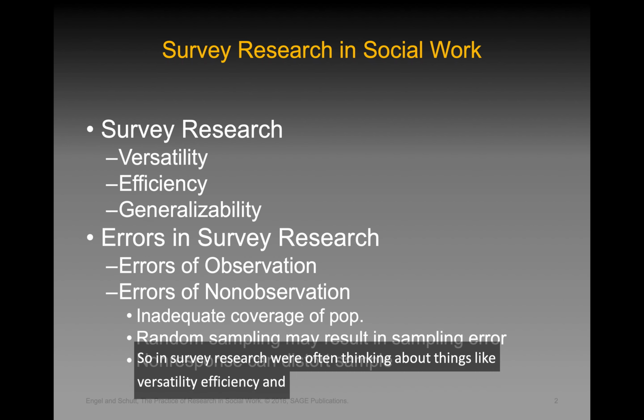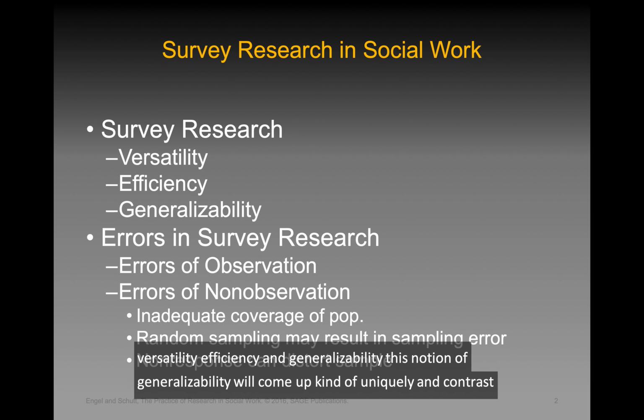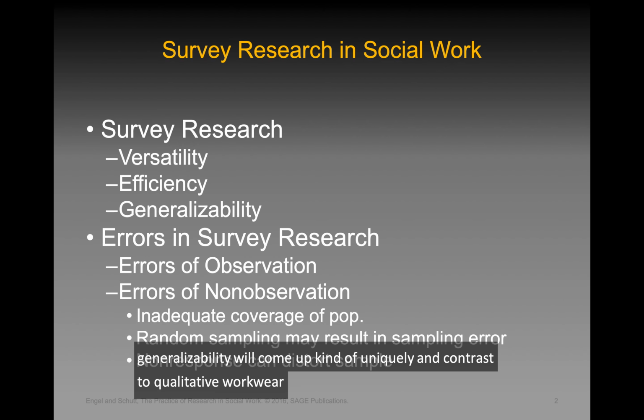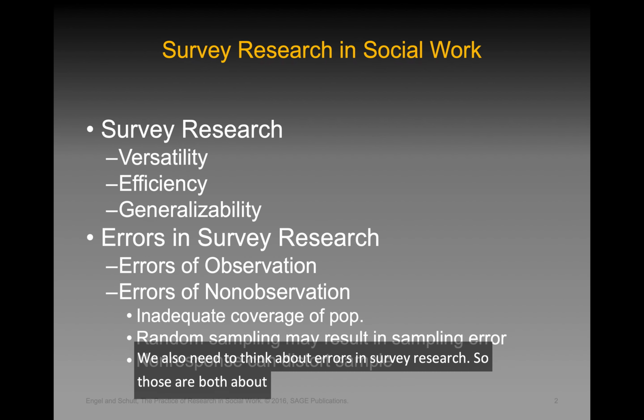This notion of generalizability will come up uniquely in contrast to qualitative work, where generalizability is less of a concern or a priority. We also need to think about errors in survey research. Those are both errors of observation and non-observation.